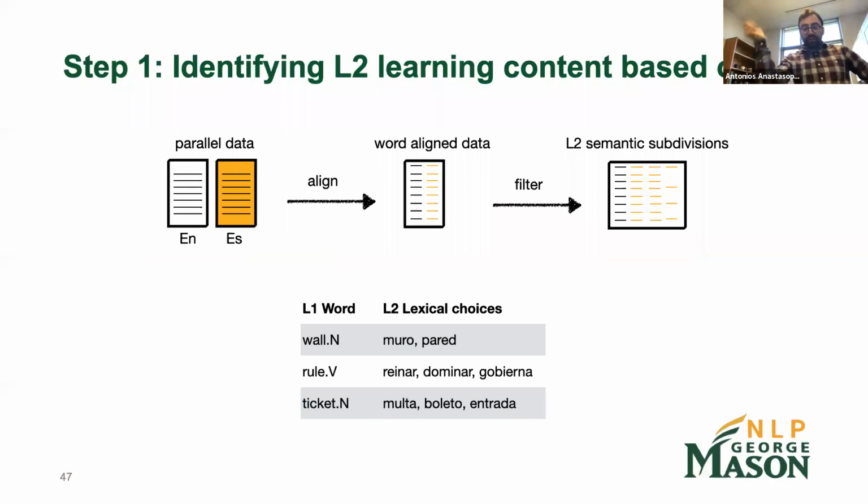I'm showing you some examples. There's wall in English, which in Spanish could be muro or pared. There's the verb to rule, which in Spanish you could translate as reinar, dominar, or gobernar. Or you have ticket, which can be a multa, a boleto, or an entrada, depending on something in Spanish, okay?